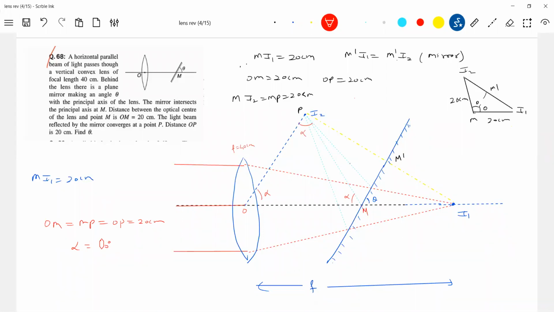If alpha is 60 degrees, anything can we go for further? But what was our question? Our question is only to get theta, no? How to get a relation between theta?